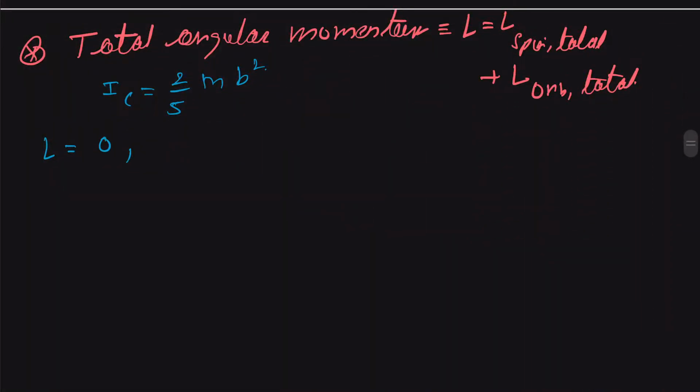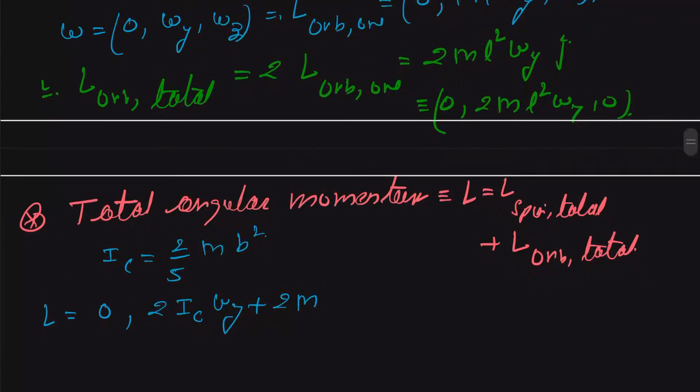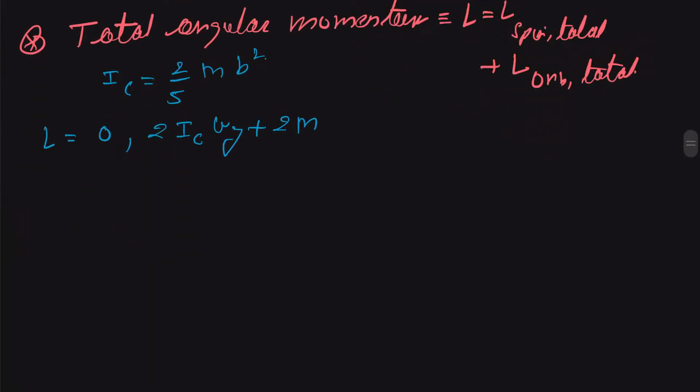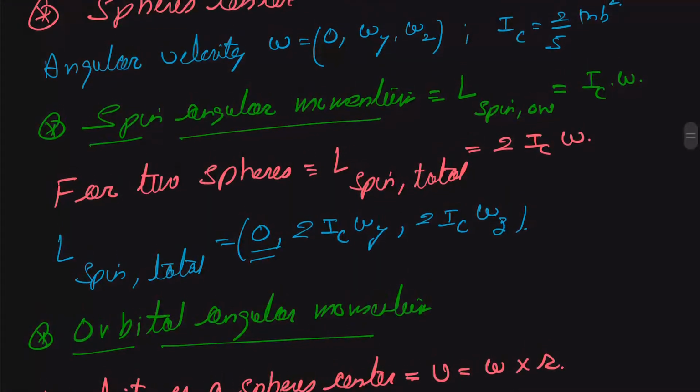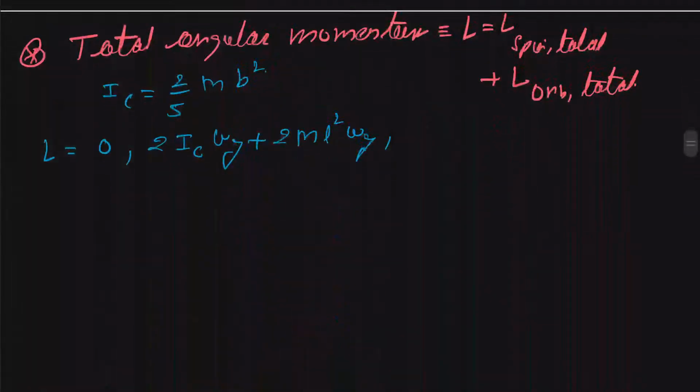So this is 0 comma twice I C omega of y plus twice m L square omega of y, and then 0, and the upper part is twice I C omega z.